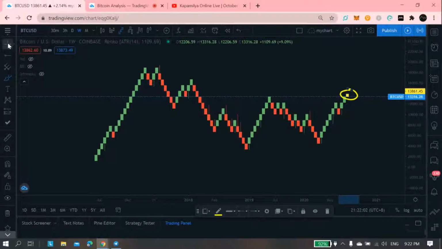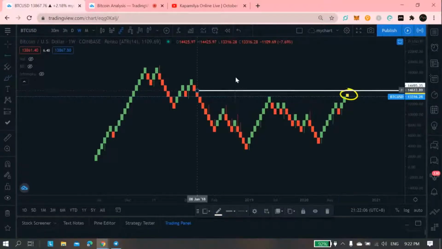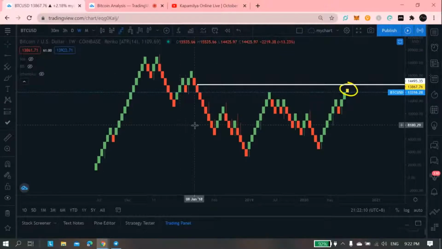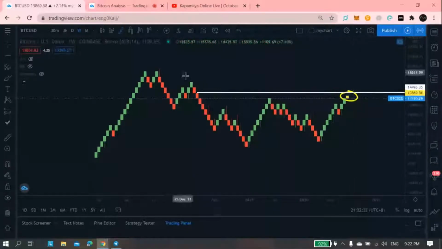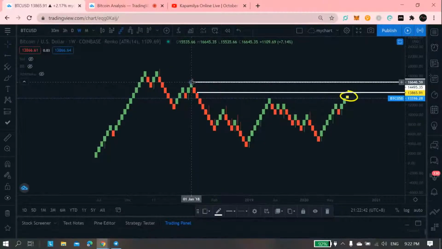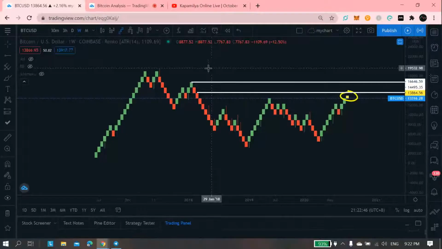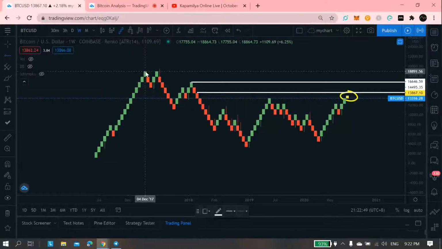The next possible resistance using the weekly time frame is this area, the 14,400. So let's see. I think I'm more bullish, with a projected bullish Renko bar. For the next resistance, you can use the next Renko bar, but I'm looking at the previous top of around 16,600, and then the all-time high.